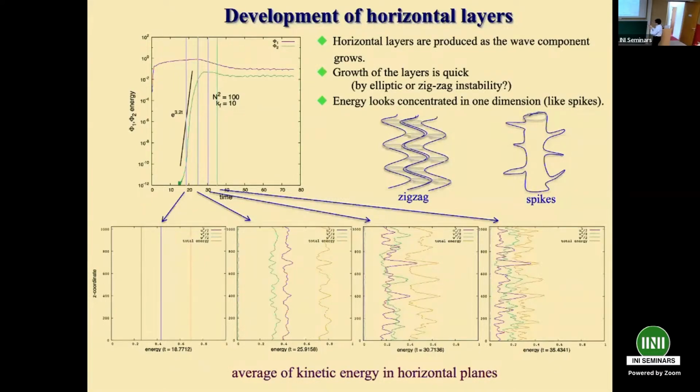But for our case, it looks more like spikes. So in one direction, it shows some jet or something happening. So we may have different ideas or views from zigzag instability or zigzag vortex.